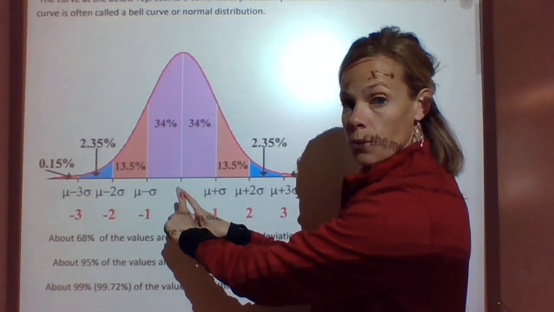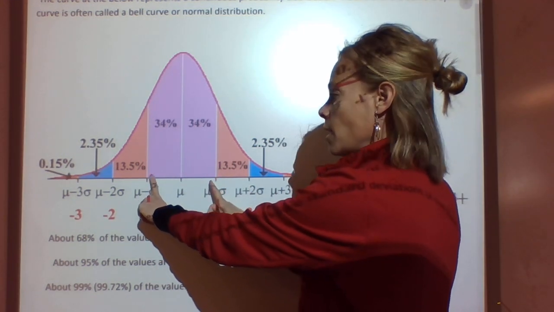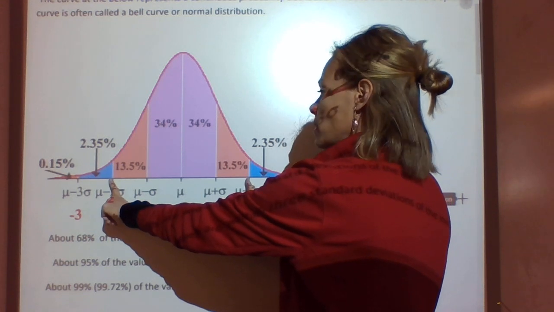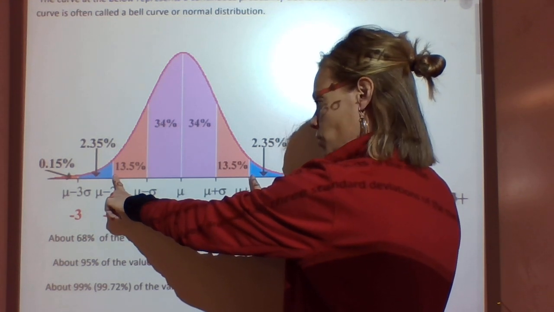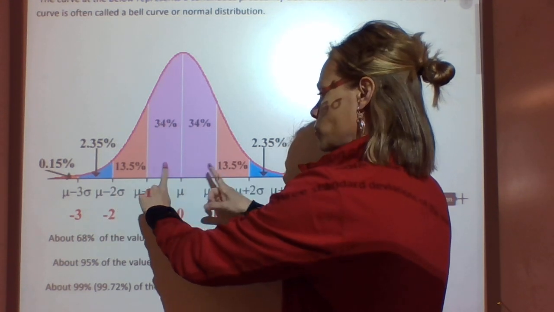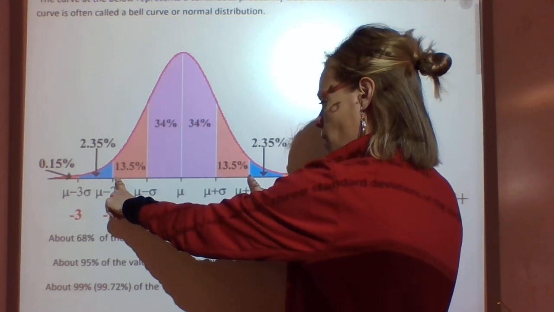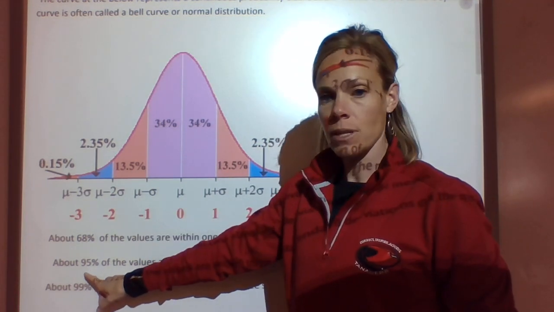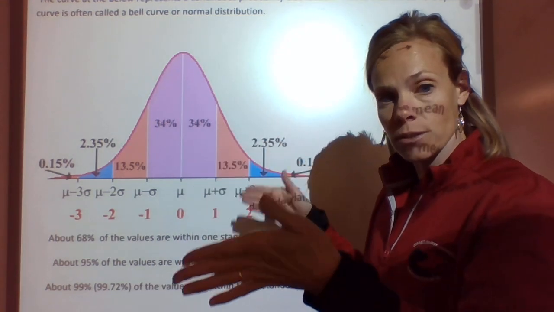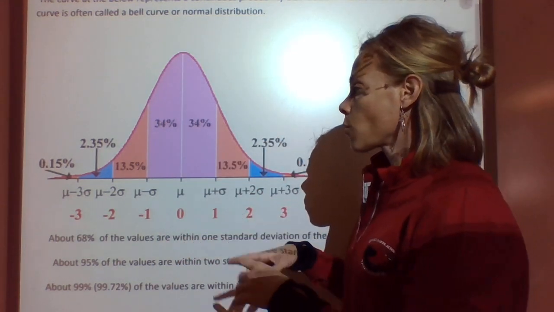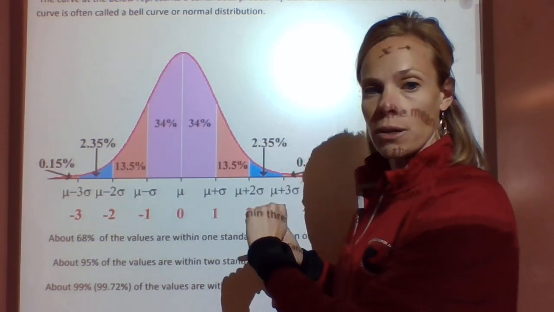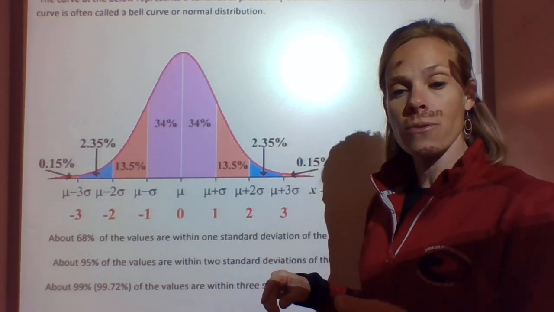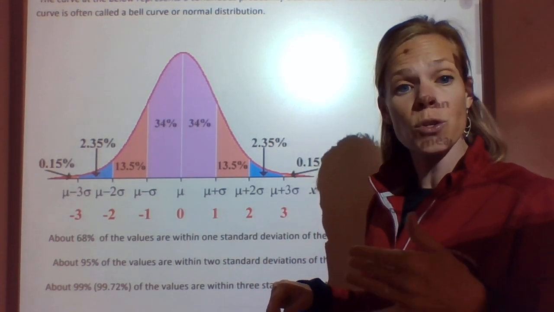And then if I go 2, we say that's within 2 standard deviations of the mean, because I went 2 units both ways. And then 95% of the data is within 2 standard deviations. And then I go 3, and that's the most I go is 3, because anything more than 3 standard deviations is considered unusual.